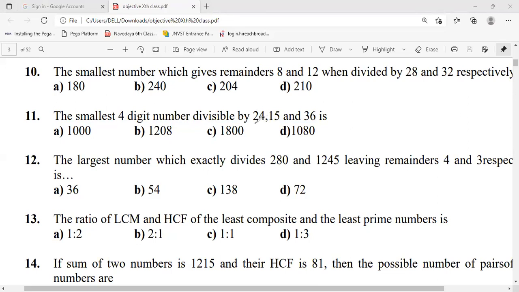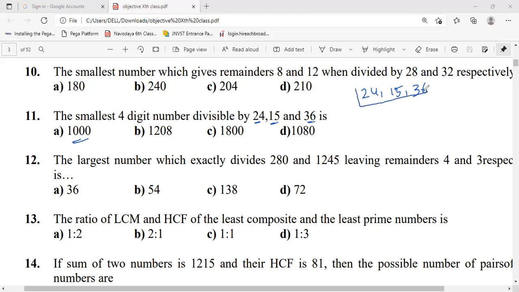If you take 1000 and divide by 24 and the remainder is 0, then you check with 15, and if the remainder is 0, you check with 36. If all the numbers satisfy this, then 1000 is our answer. But in this procedure we have to check all the numbers. I am giving you the shortcut: go for the LCM of 24, 15 and 36.